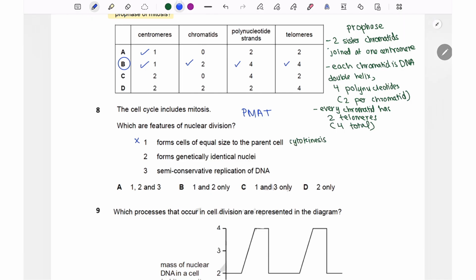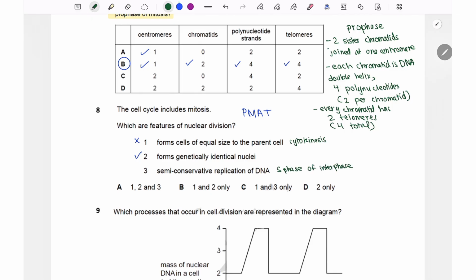2. Forms genetically identical nuclei. This is correct. 3. Semi-conservative replication of DNA. Now this happens during S phase of interphase.